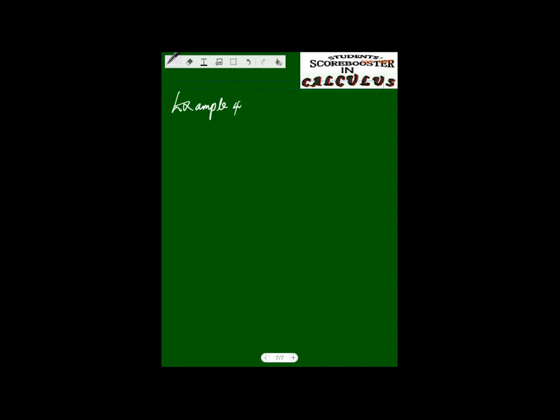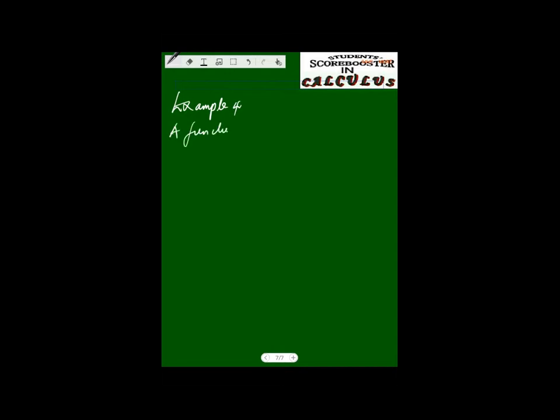So example 4 goes thus. It's a JAMB question, and it was taken from, okay, I'm going to make sure I put it right.